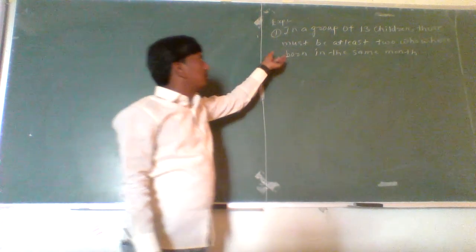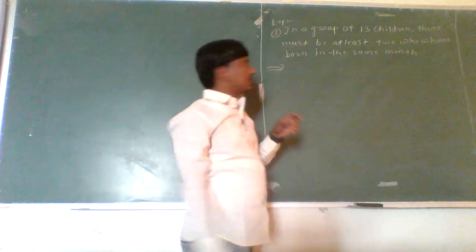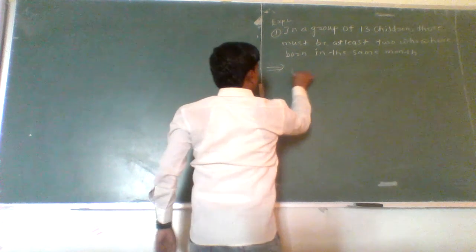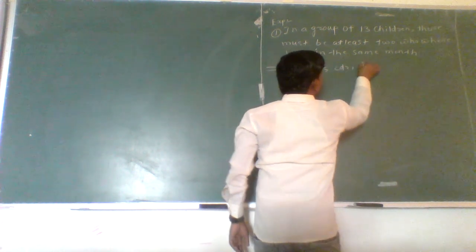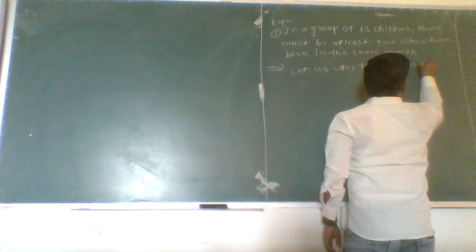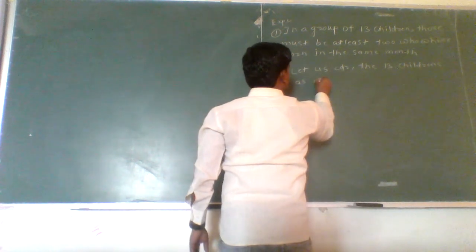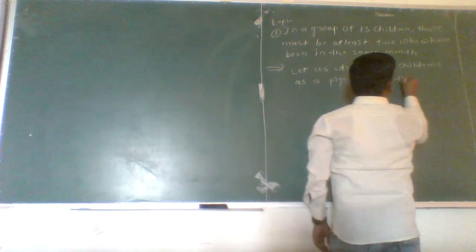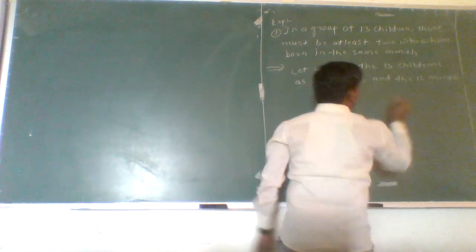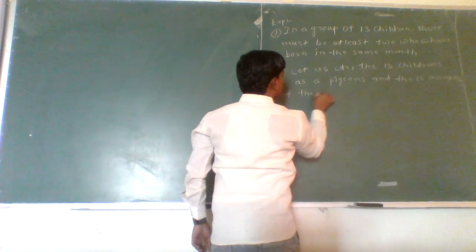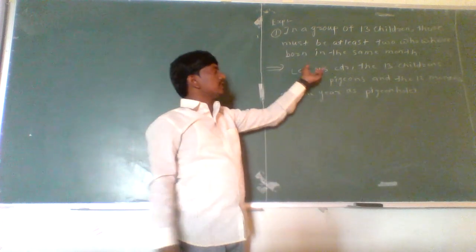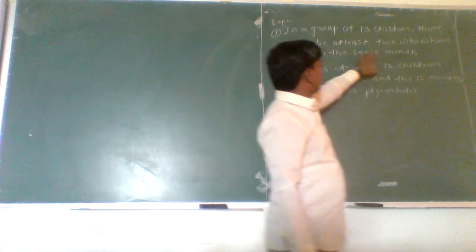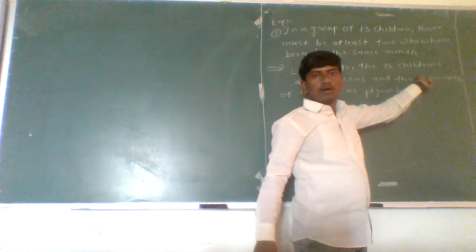Now we have to use the pigeonhole principle for this example. Given that there are 13 children, let us consider the 13 children as the pigeons and the 12 months of the year as the pigeonholes. So there are 13 pigeons and 12 pigeonholes.